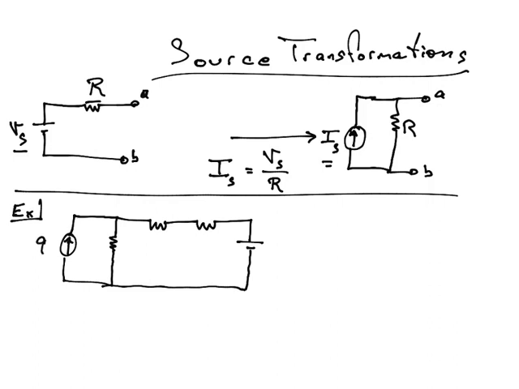I'll let this be 9, I'll let this be 5, I'll let this be 4, 3, and 10. And the question is, find I naught, the current running between resistors 4 and 3. That's the objective. I want to know what's the current running through resistors 4 and 3.